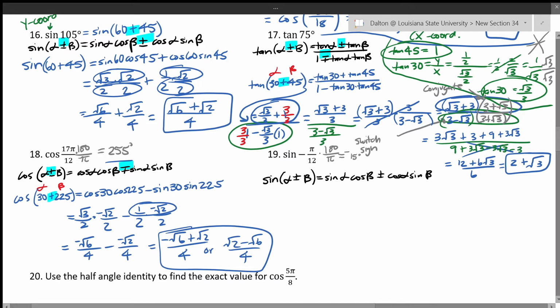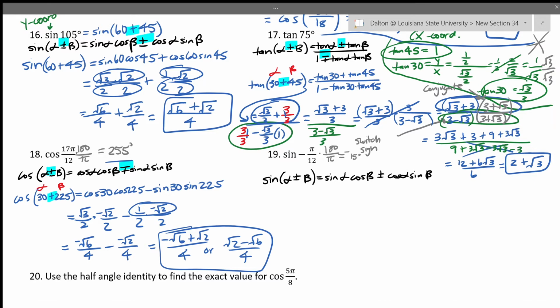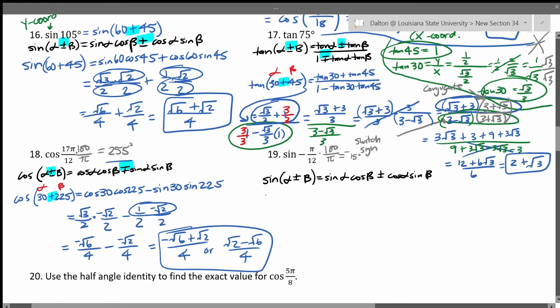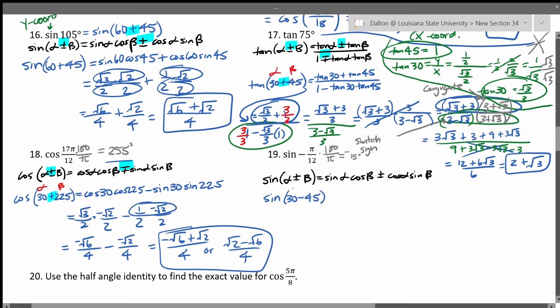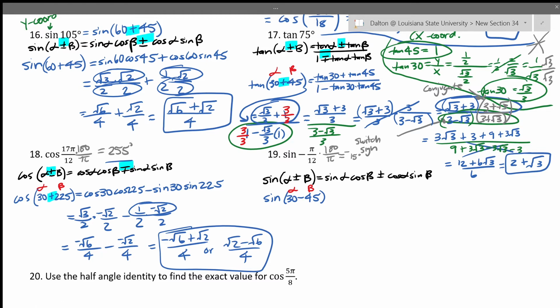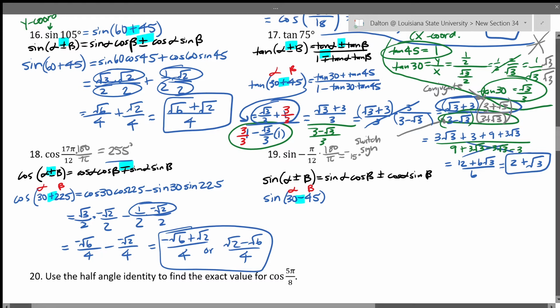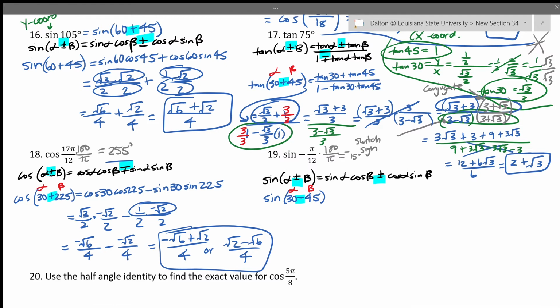Okay, and two numbers that subtract to be negative 15 would be 30 minus 45 degrees. So then if 30 is alpha and 45 is beta, and I'm subtracting these two angles, alpha minus beta, I'm going to use the sign on the bottom over here, which is also subtraction.